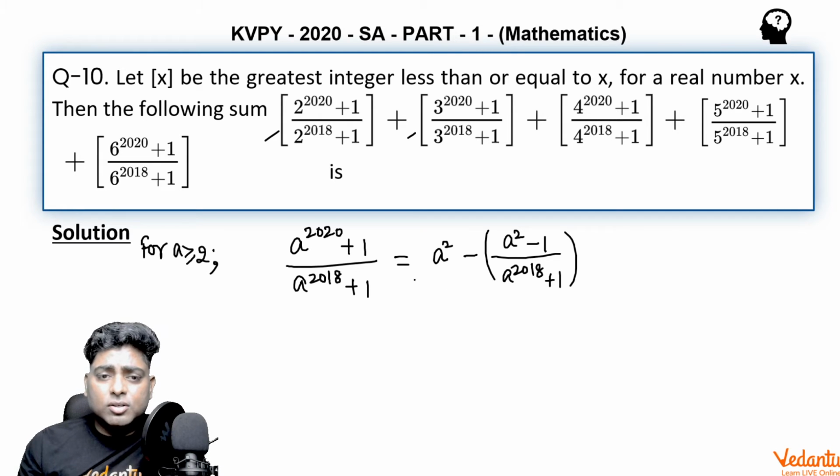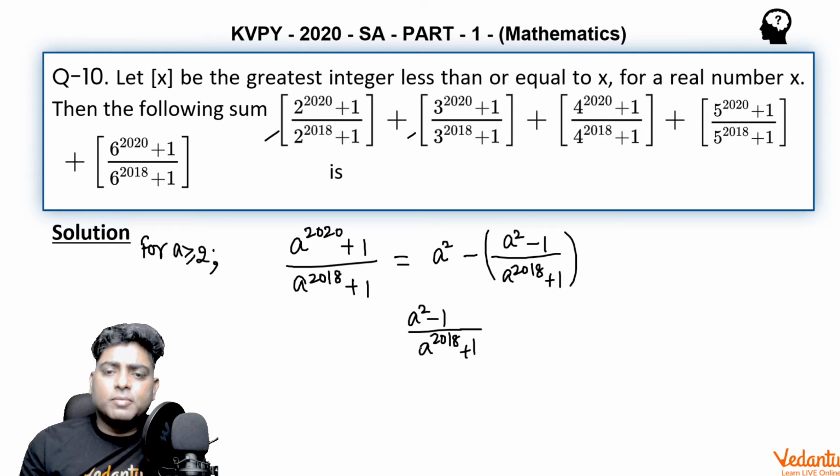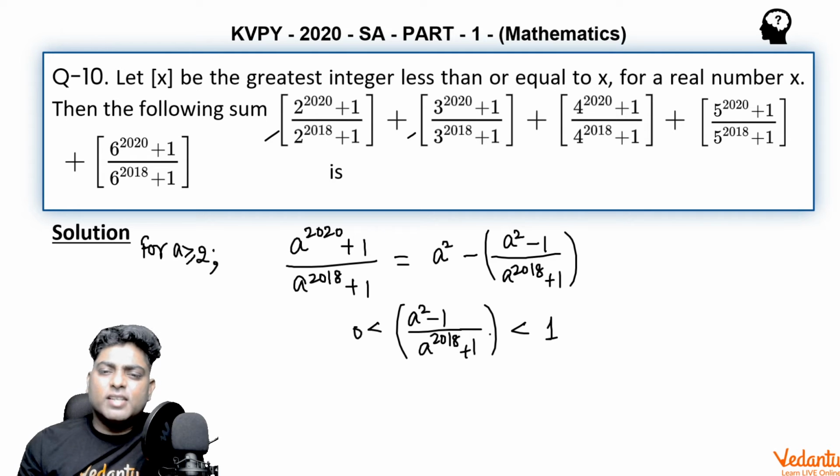Now if you see the structure (a squared minus 1) upon (a raised to the power 2018 plus 1), this is obviously a positive quantity, greater than 0, because a is more than 2. A squared minus 1 is positive and the denominator is already positive, but the fraction is less than 1. Why? Because the numerator is a squared minus 1, the denominator is a raised to the power 2018 plus 1, and a is more than 1, in fact more than or equal to 2. So it is less than 1; the numerator is smaller than the denominator, which can easily be seen.